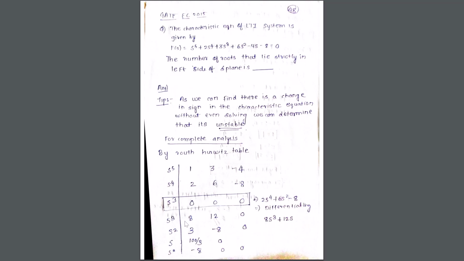Now, how do you get s square? It is 8 into 6 minus 12 into 2 upon 8, and solve the equation. If you see in the first column, there is a change in sign. That means the number of roots on the right half of the S-plane will be equal to 1.